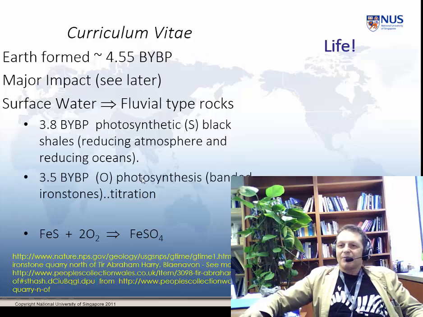So what would happen to that oxygen? Well, the moment you form oxygen in that sort of marine environment, and here is an example with iron sulfide, you're going to get oxidation of your iron sulfide, in this case up to iron sulfate.